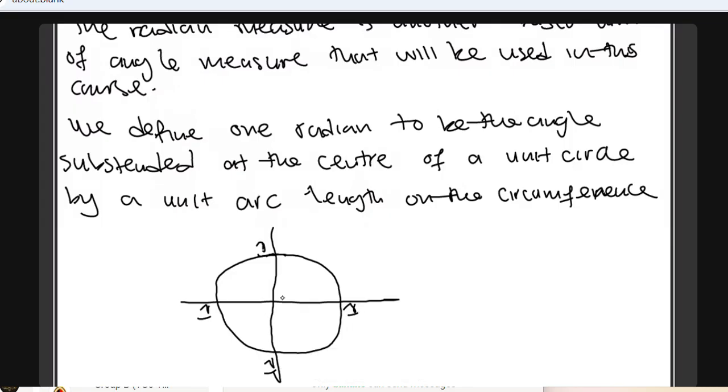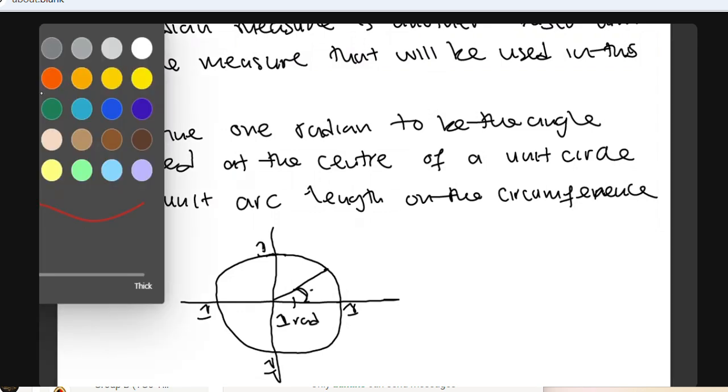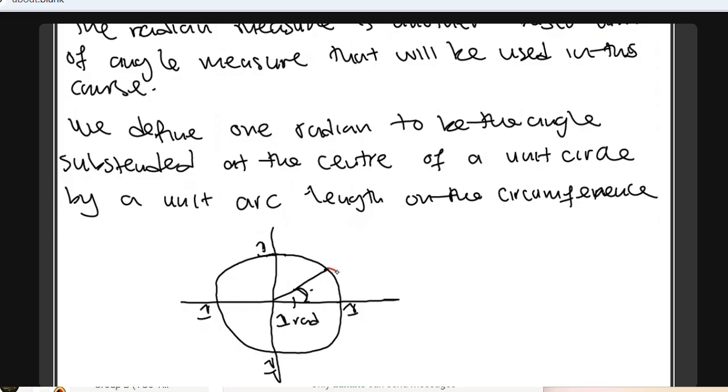So 1 radian, which we just write as 1 rad, is equivalent to this angle subtended by 1 unit. The distance from here to there along the circumference is 1 unit.